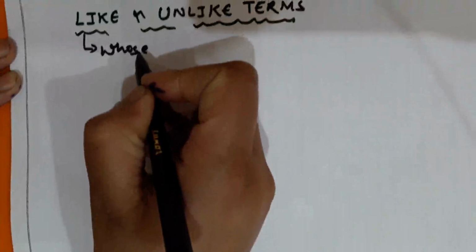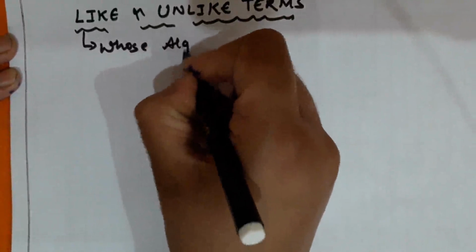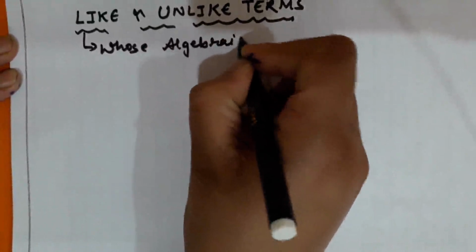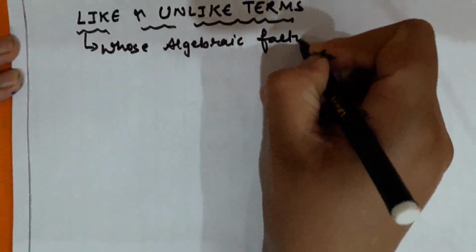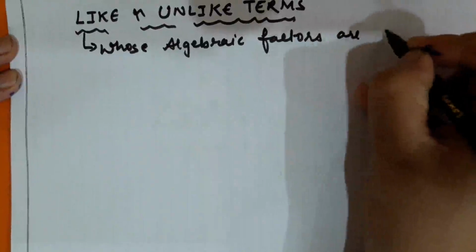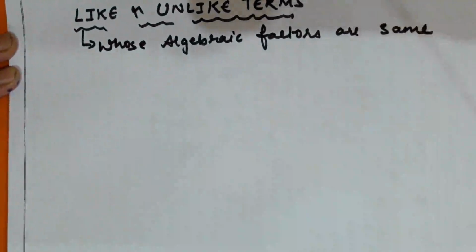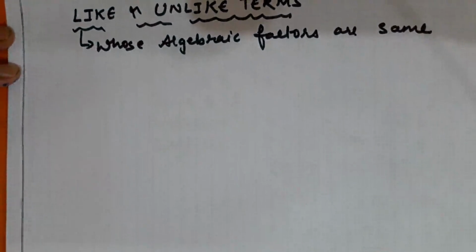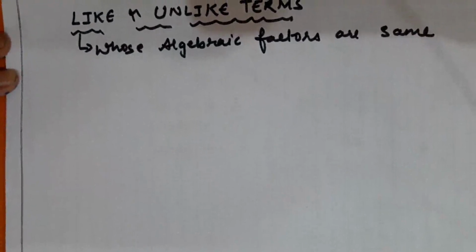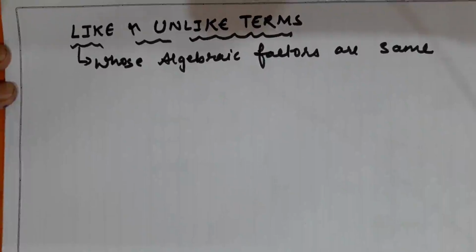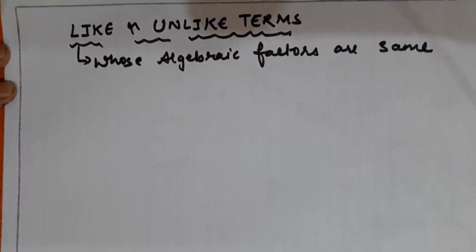Those whose algebraic factors are same are called like terms. We are not talking about factors, children. We are talking about algebraic factors. Now understand the difference between algebraic factors and factors.